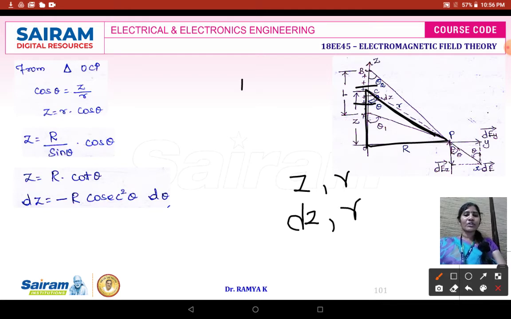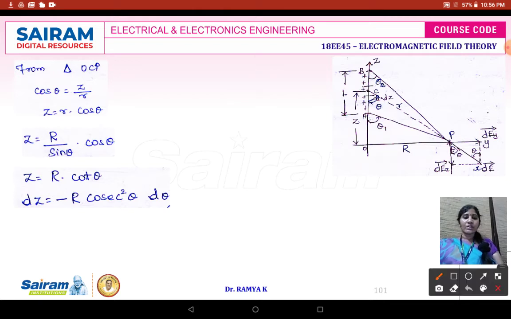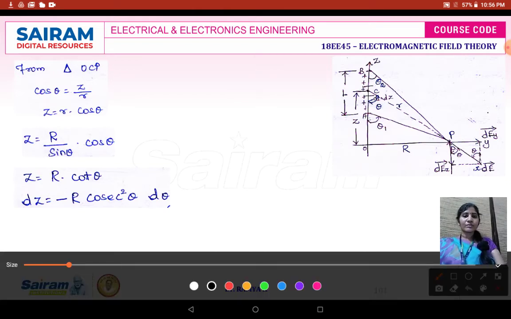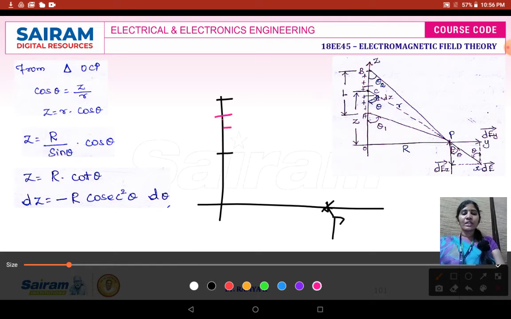For example, if this is the length of the conductor AB, and this is the point P, and you assume the differential elemental length at this place, here the value of r is this one, because r falls between the cause and effect, and this is your angle theta.